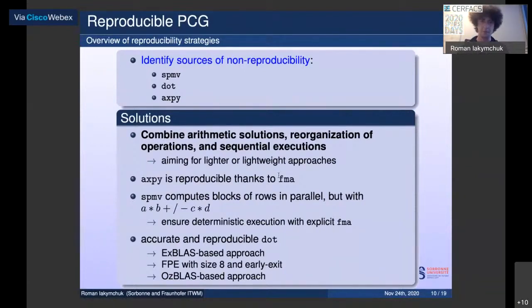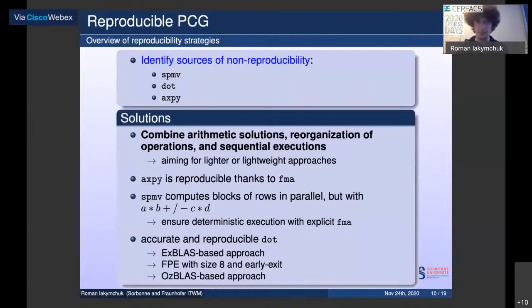It's actually an element-wise product, and then we enhance accuracy a bit. For the rest, our goal was to combine arithmetic solutions and do some reorganization of operations, in terms of programmability, and if possible, sometimes it was possible to do sequential execution. So we wanted to have lightweight approaches.